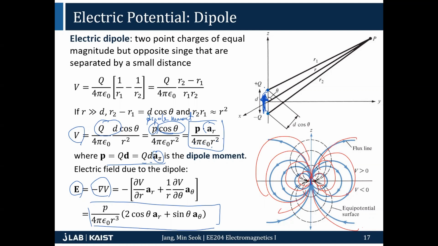Instead, you can solve for the potential, and then by taking the gradient of the potential, you get the correct answer. I think it's a more reasonable way to solve electrostatic problems in most cases. So in most cases, people actually solve for potential instead of electric field for electrostatic problems.